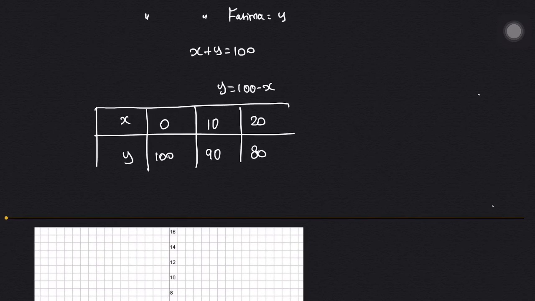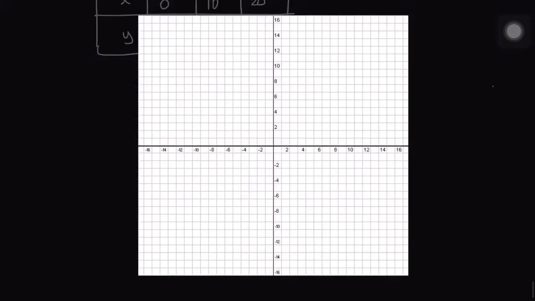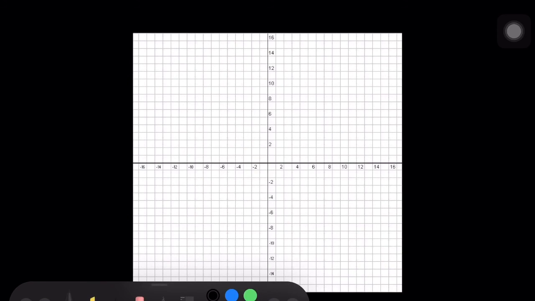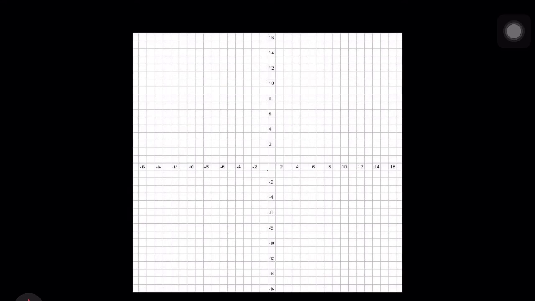Two points are enough, but the third point is for safety purposes. Here the scaling is fixed at 10 units, which means each unit is 10 rupees, for both x and y.